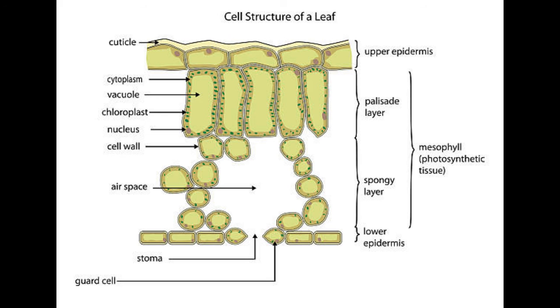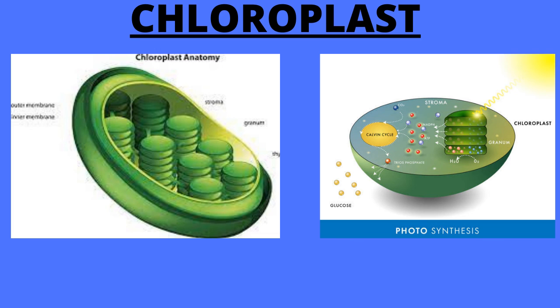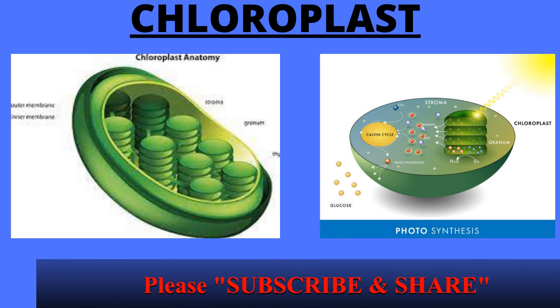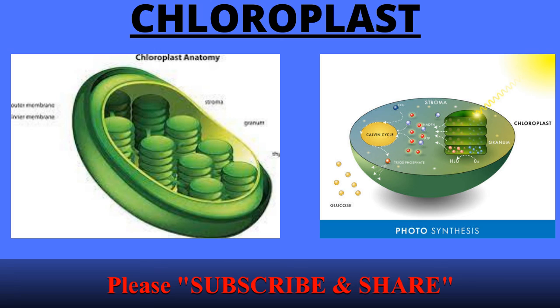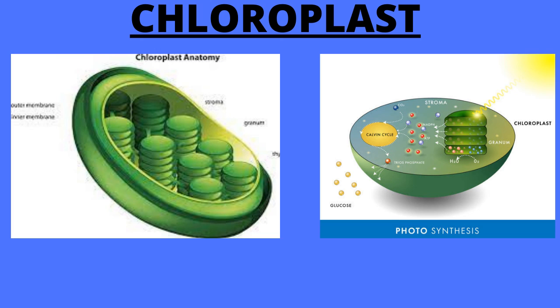And the mesophyll cells are followed by the lower epidermis. The mesophyll cells contain the chloroplast. The chloroplast contains the green pigment called chlorophyll, which imparts green color to the leaves, and we know that chlorophyll is essential for the process of photosynthesis.